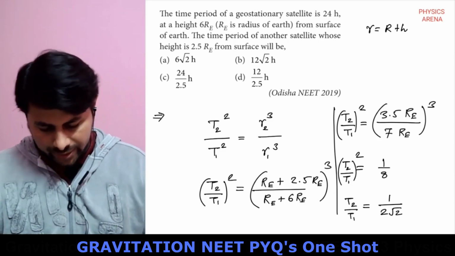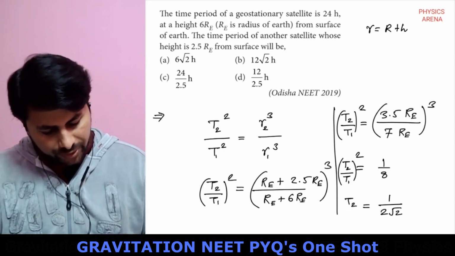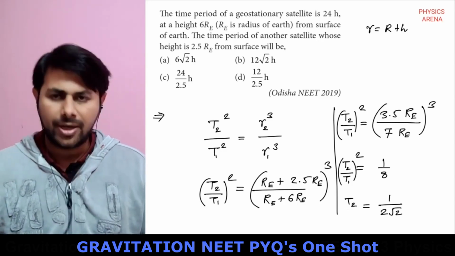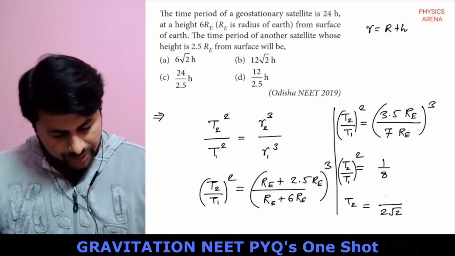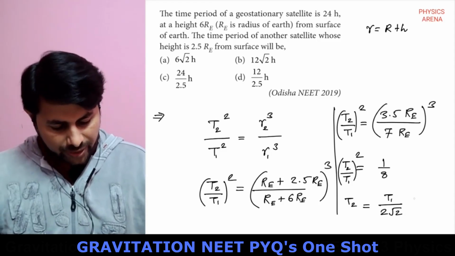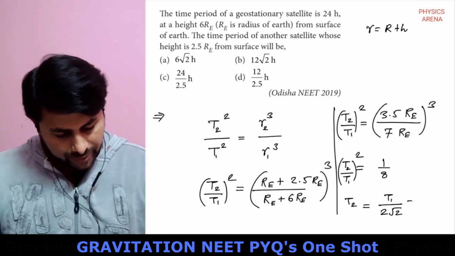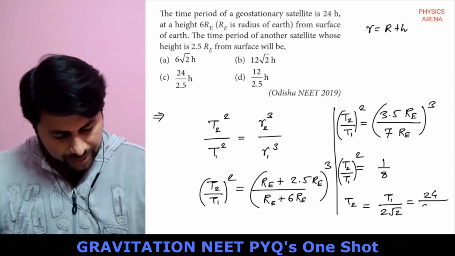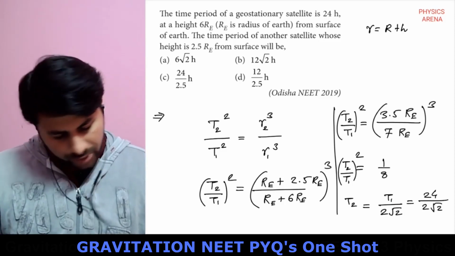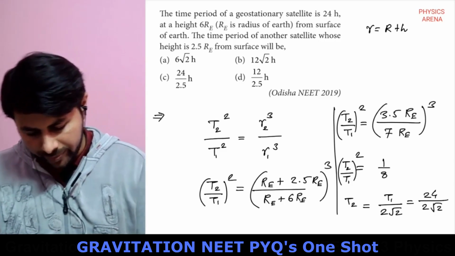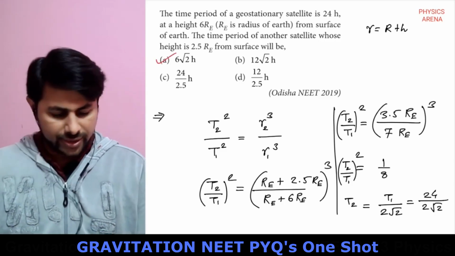Now take T1 to the other side. So you get T2 equals T1 divided by 2 root 2. Okay. And T1 is how much? It is 24 hours. So it is 24 divided by 2 root 2, or 12 upon root 2, or you can say it is 6 root 2. Okay, so 6 root 2 hours is the answer, right?